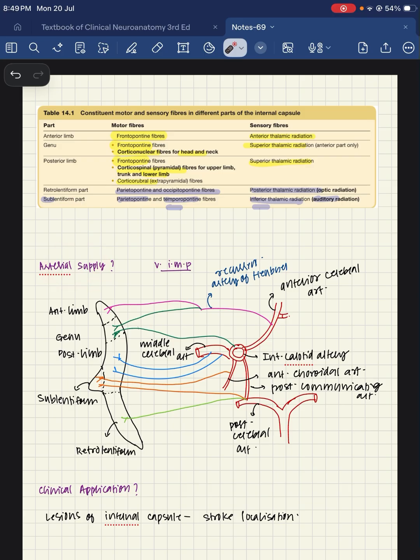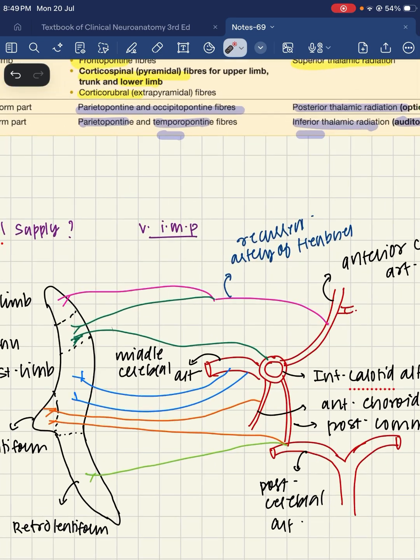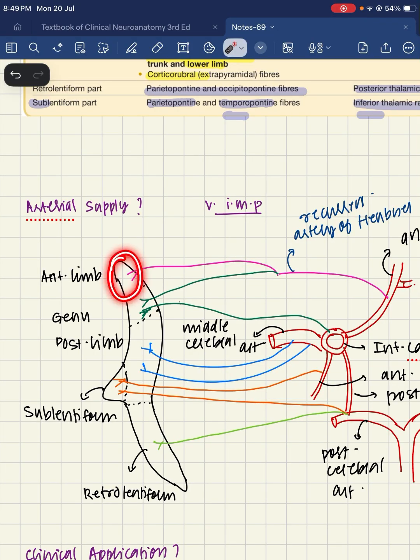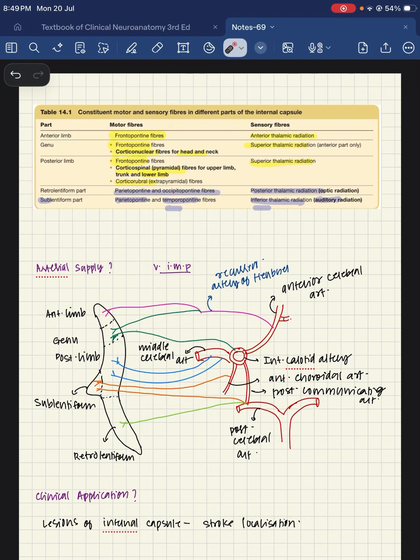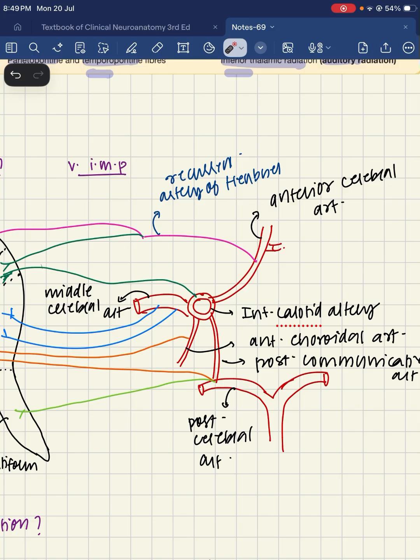I think it's not very good, but okay, you can make do. You can see there are parts: anterior limb, genu, posterior limb, sublentiform, and retrolentiform. So I have made different colors for each region of the internal capsule, so that you can understand it better. So first, for the arterial supply, you need to know what the arteries are.